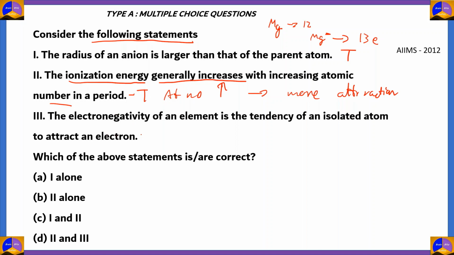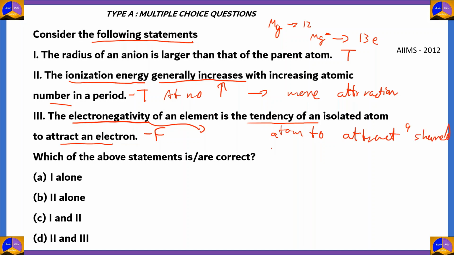Now, what about statement number 3? The electronegativity of an element is the tendency of an isolated atom to attract an electron. This definition of electronegativity is false. The correct definition of electronegativity is the tendency of an atom to attract a shared pair of electrons towards itself.